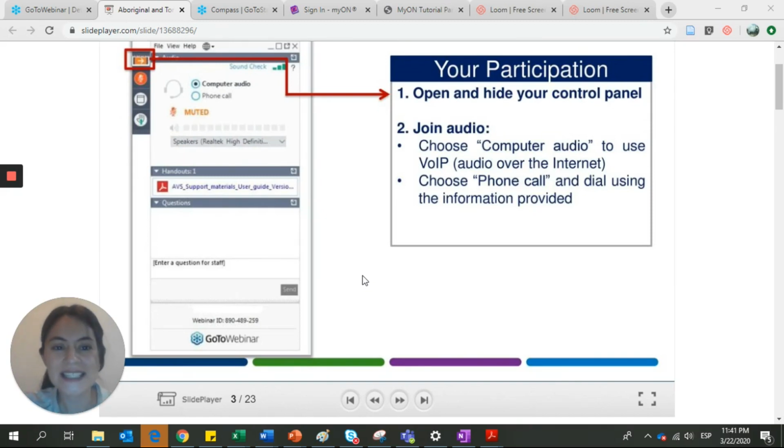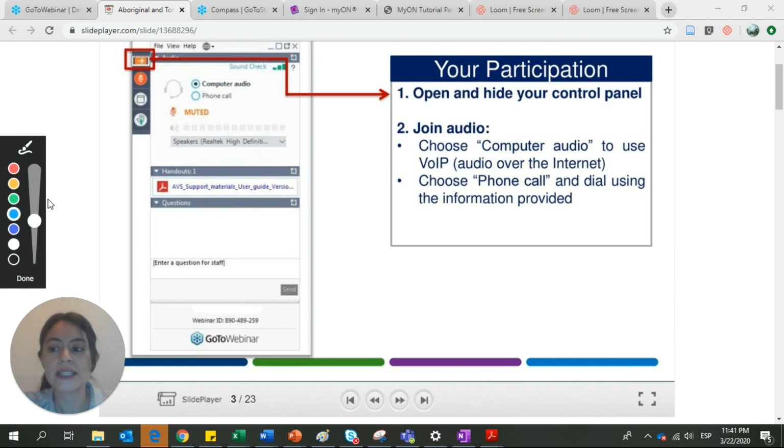Okay, teachers, this is your control panel. The first icon opens and hides your control panel. Then we have a microphone. That microphone indicates that we cannot hear you because it's in red. If the microphone is in green, then it means that we can hear you and we can hear everything that is happening around you.